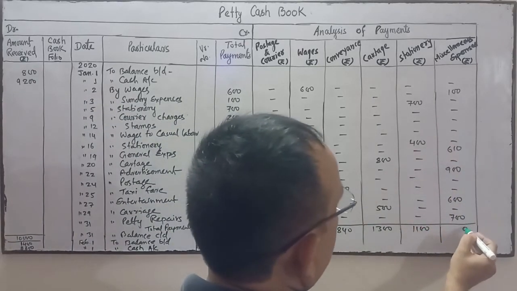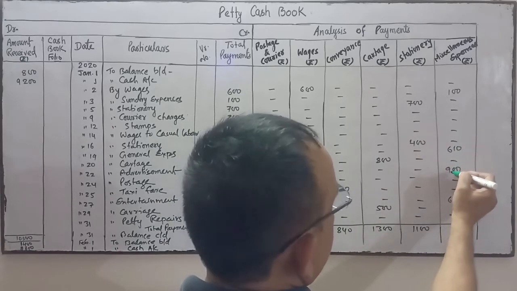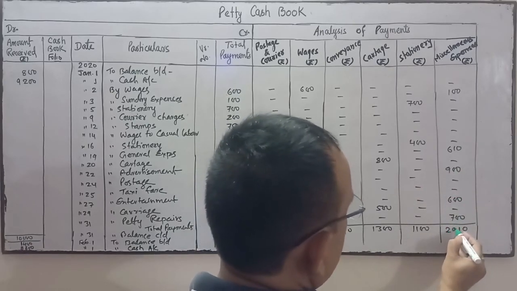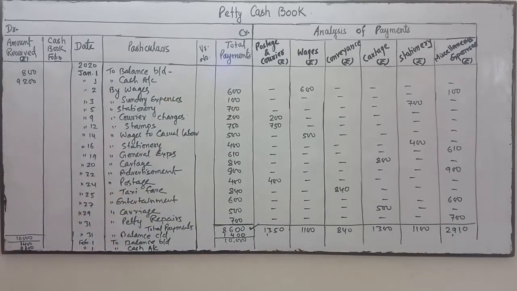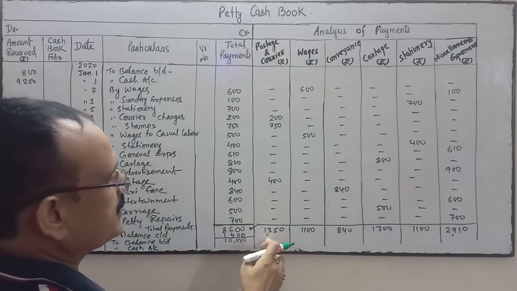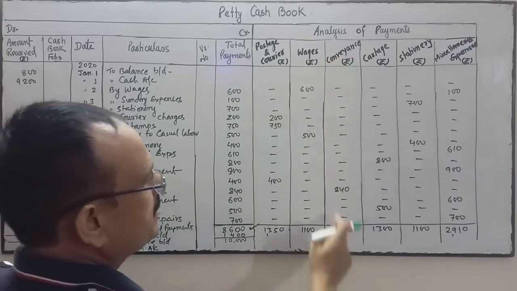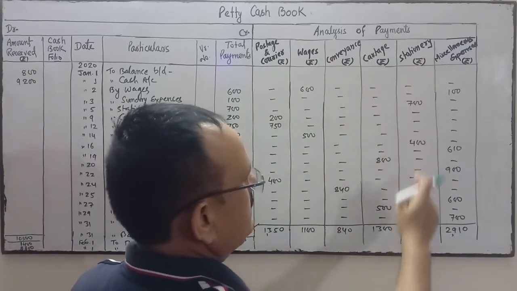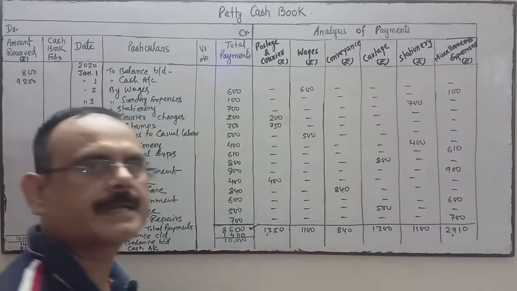Next is 2,910. This is the total payment. Individual payments: postage and courier 1,350, wages total is 1,100, conveyance is 840, cartage is 1,300, stationery is this, and miscellaneous expenses is 2,910.